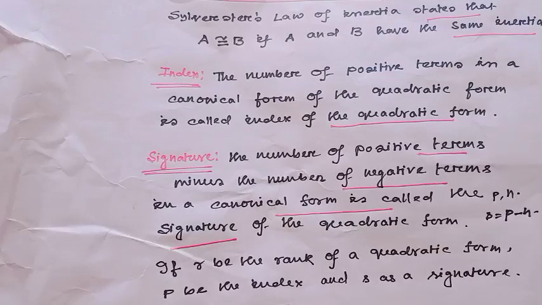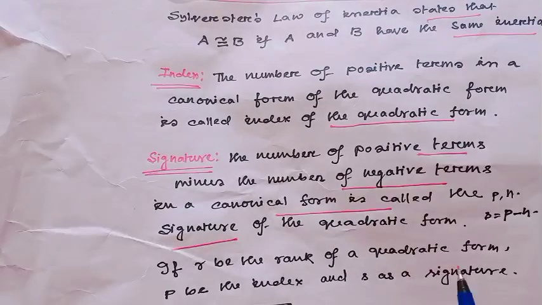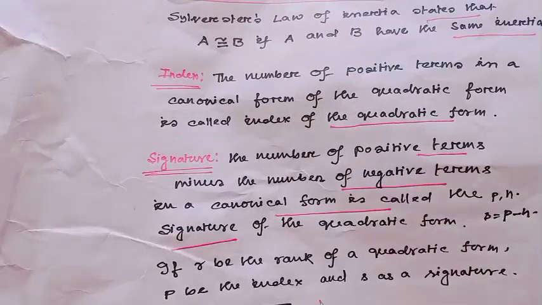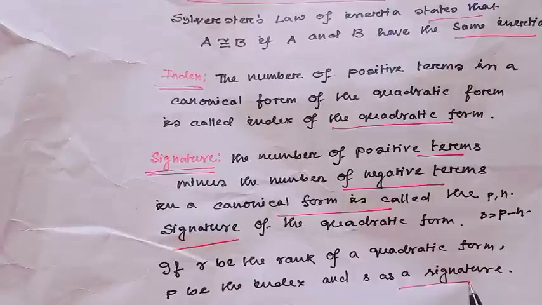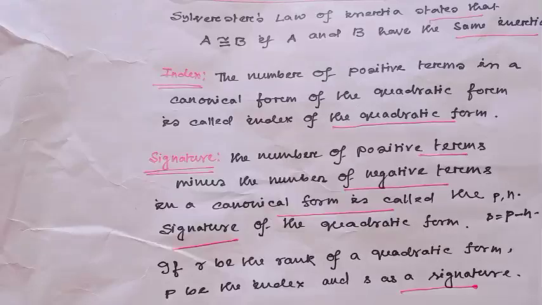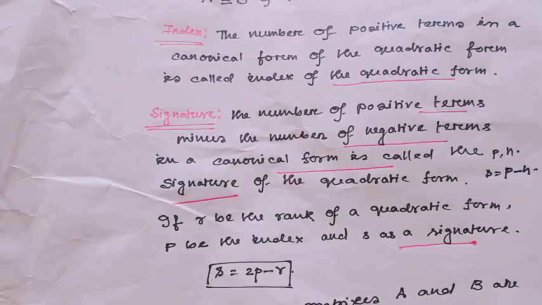Second concept: if R is the rank of a quadratic form, P is the index and S is the signature, we all know rank means the number of non-zero entries in the normal form.